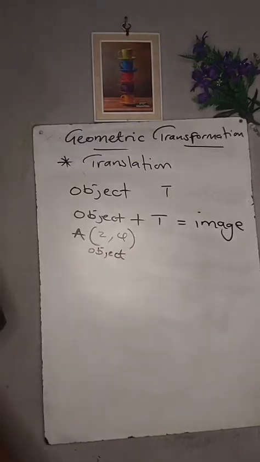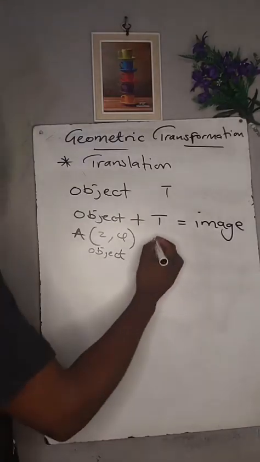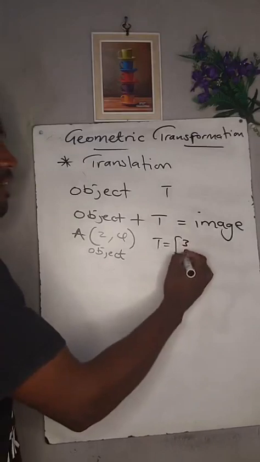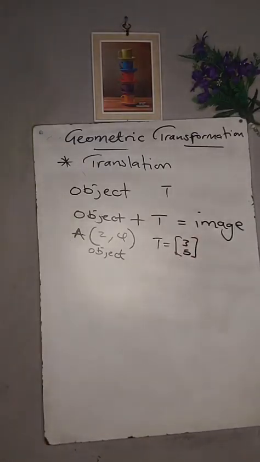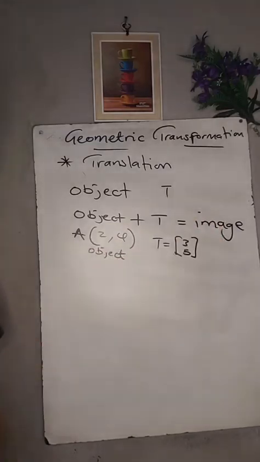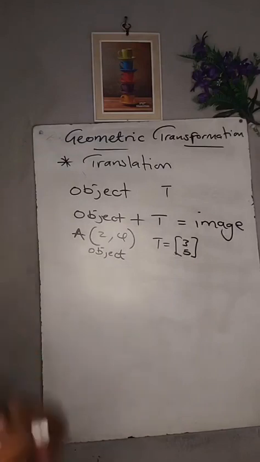Okay, then I'll use the translation, and in this case, my translation, which is T, is equal to 3 and 5. Okay, so I have the object and the translation, then I'll be able to find the image. So now how do I do that?